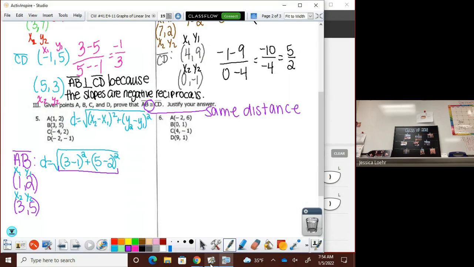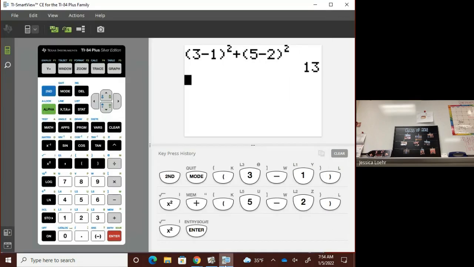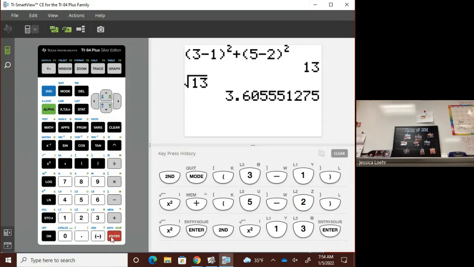So the distance is radical 13 for AB. You're not plugging in the radical, because if you plug in the radical, then you're going to end up with this answer, and that's an irrational number. So you don't want to write that. You don't want to round it. You want to show that it's identical to the other distance.